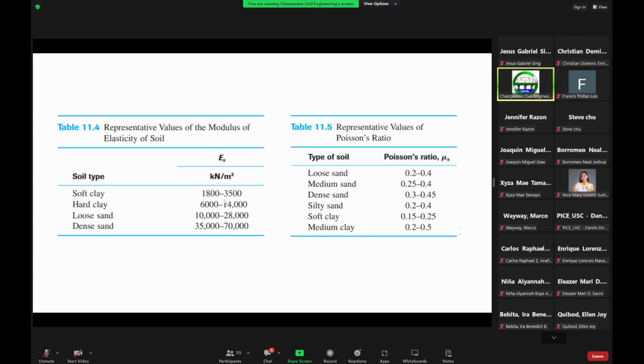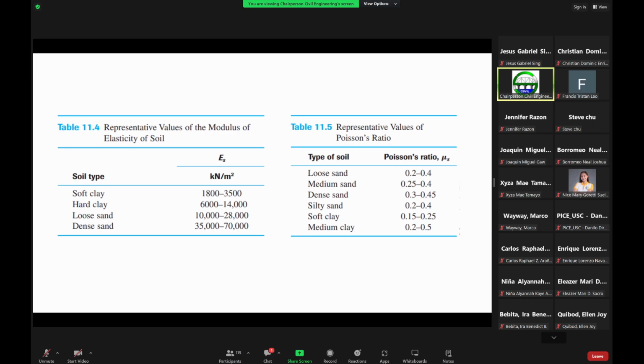Here you have the representative values of the Poisson's ratio as well, or the mu sub s. So this one is for a loose sand, and this one is a medium dense sand. Because when we talk of relative density, you can have either very loose, medium dense, dense, and very dense.